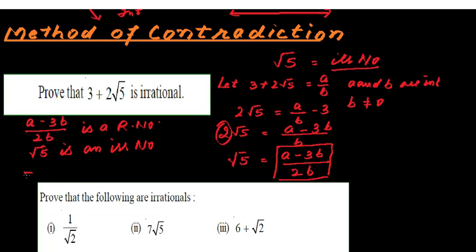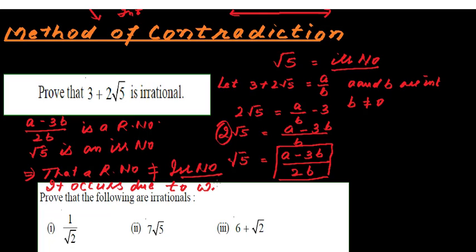Earlier I have told you in effect that a rational number cannot be or is not equal to irrational number. So therefore this is a contradiction. If it is a contradiction, it occurs due to wrong supposition.